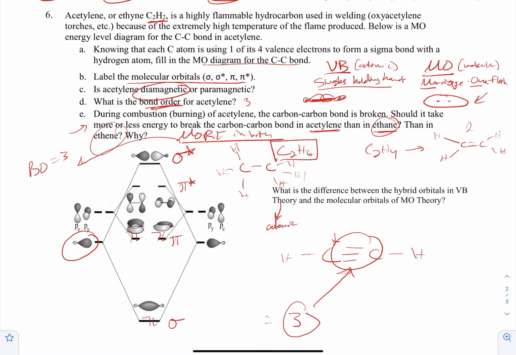Also, MO theory gives us more insight into anti-bonding orbitals, which VB theory does not. And this becomes really important once we start getting into organic chemistry, because anti-bonding orbitals explain why reactions happen. By placing electrons into an anti-bonding orbital, we break a particular bond, but then we use that to make another bond, and so on and so forth. So that's also another thing with which it can help us.